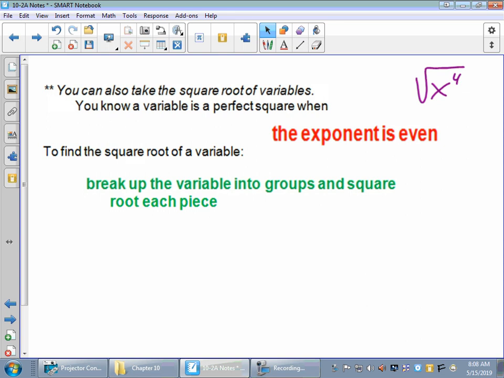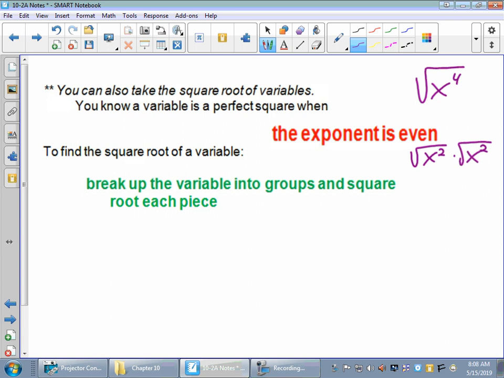So when we break this into groups, this thing would break down to square root of x squared times the square root of x squared, just like we did with the numbers, but now we're using a variable.